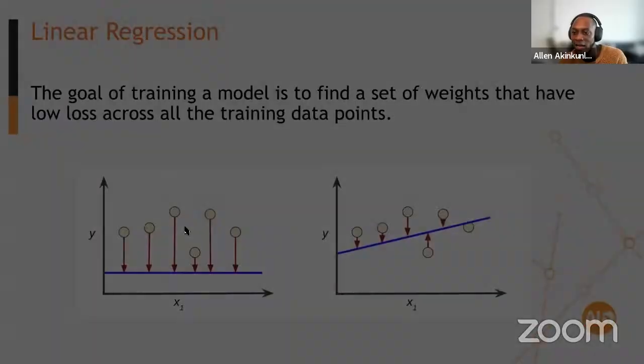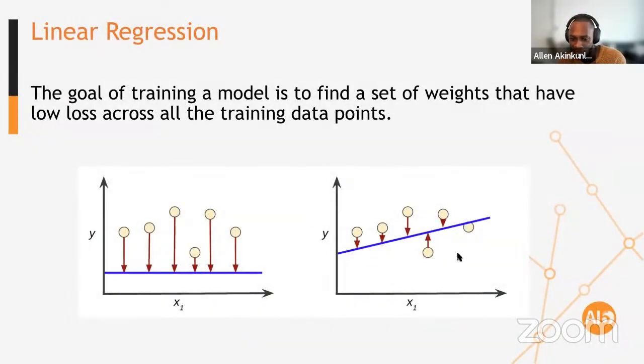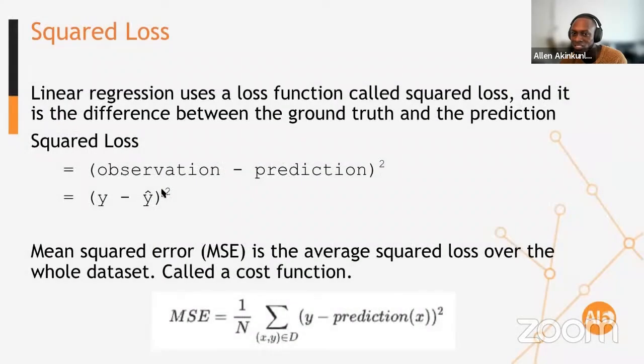So instead of just eyeballing, we could look at it and be like, yeah, we know that the loss here definitely is going to be higher than the loss here, right? Definitely, just looking at it, right? But the squared loss gives us a number we can use to quantify how bad the model is or how good the model is.